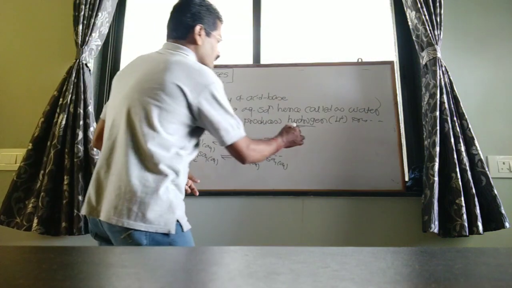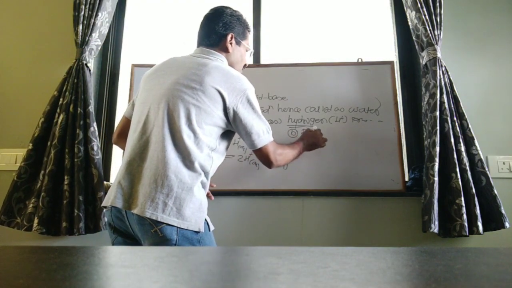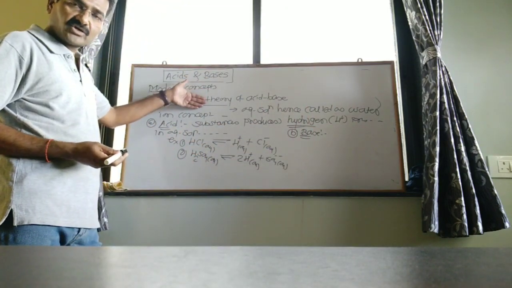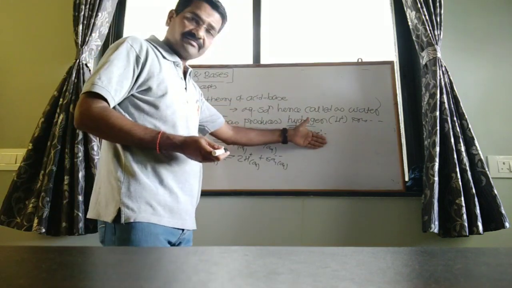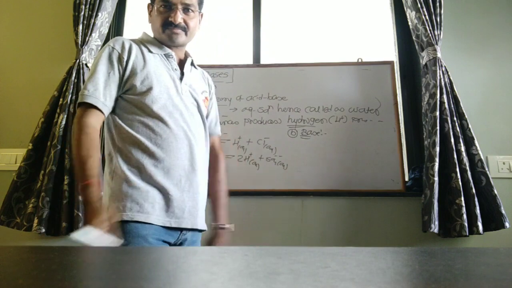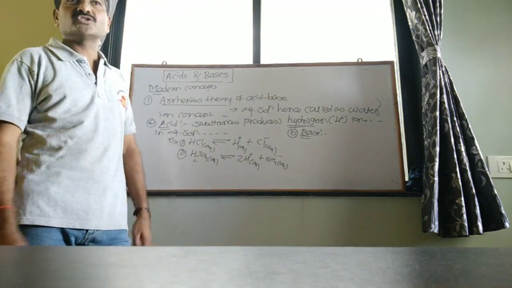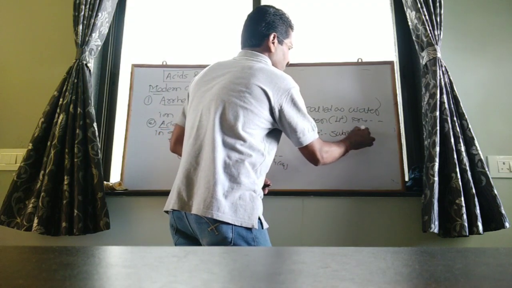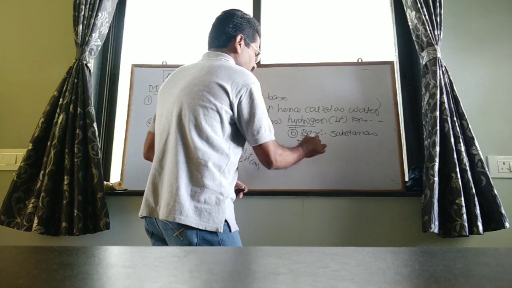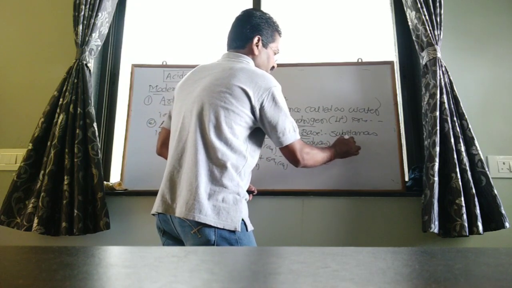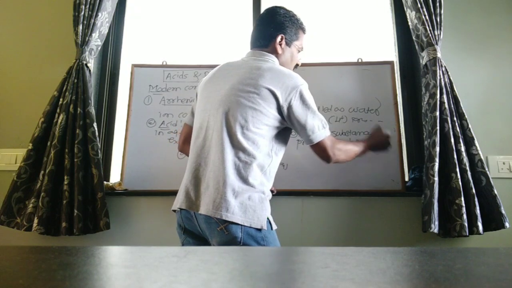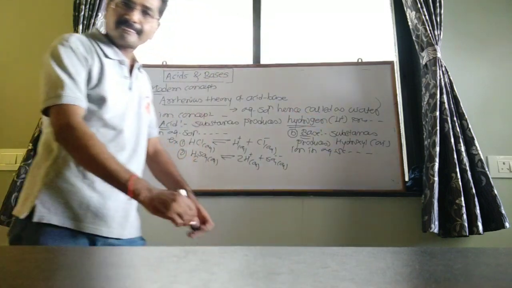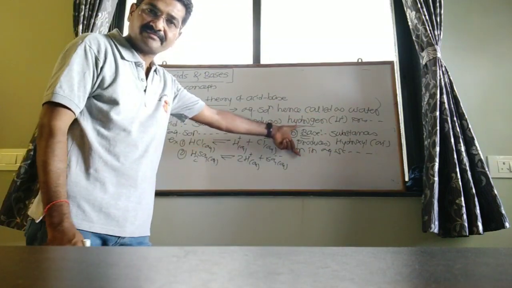Then base. According to Arrhenius, those substances which produce hydroxyl ions in aqueous solution are called bases.